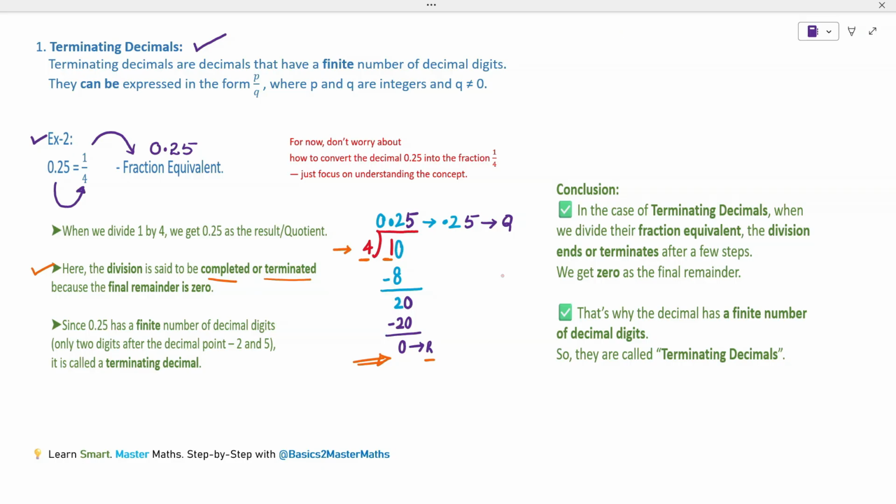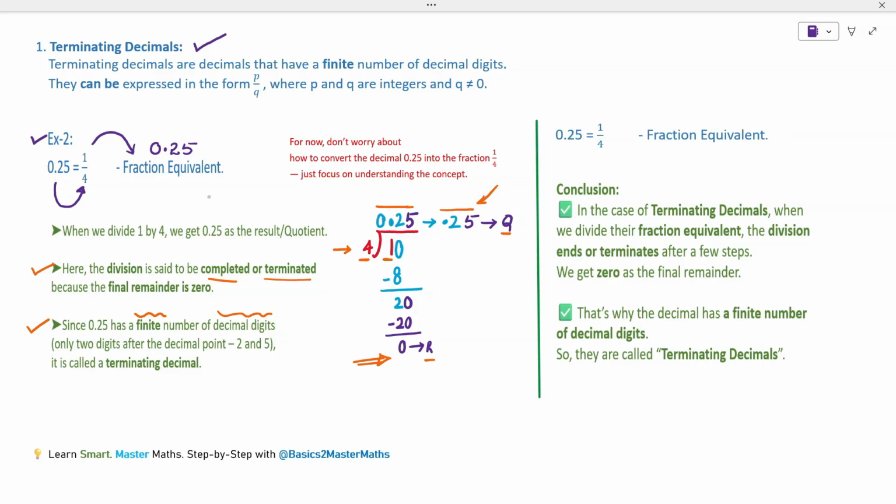Second point, the quotient or the result is 0.25, which has finite number of decimal digits. So 0.25 is a terminating decimal.